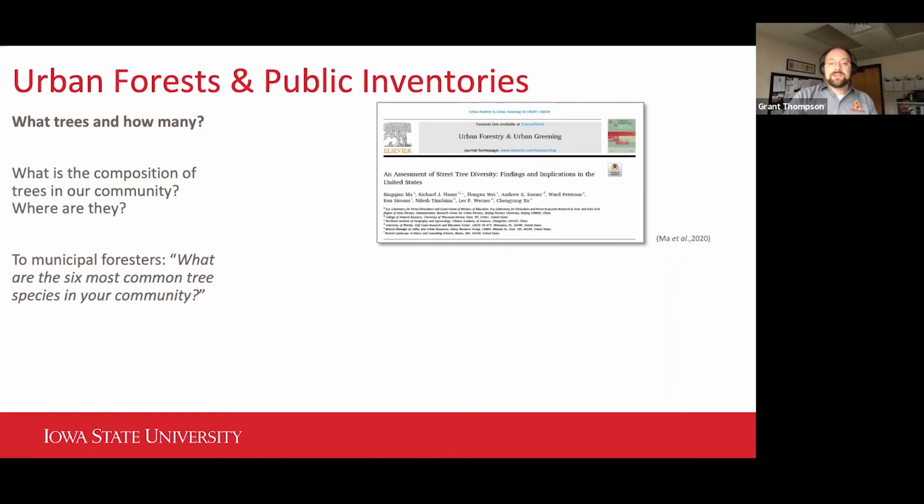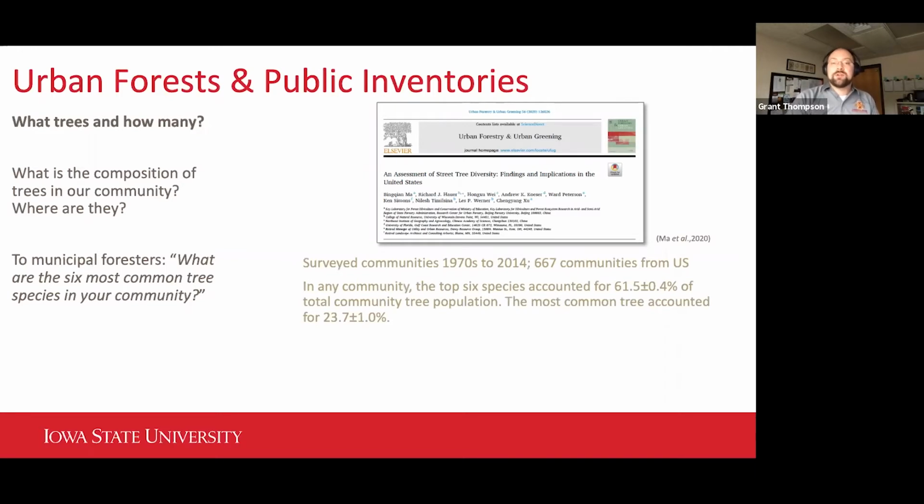So this study by Ma et al. looked at urban forestry research, and they asked municipal foresters, what are the 6 most common species in your community? And they looked at surveys all the way back from the 1970s and up to 2014. They looked at over 600 communities across the US.